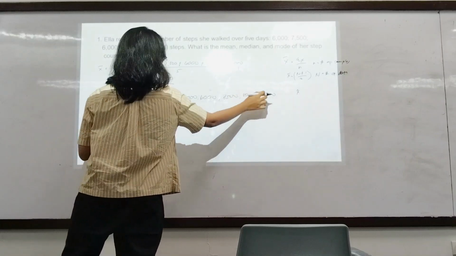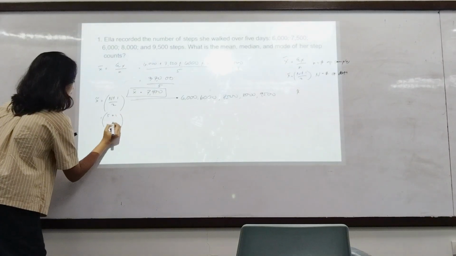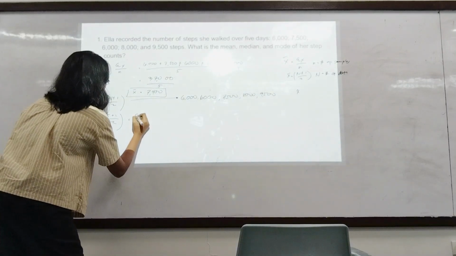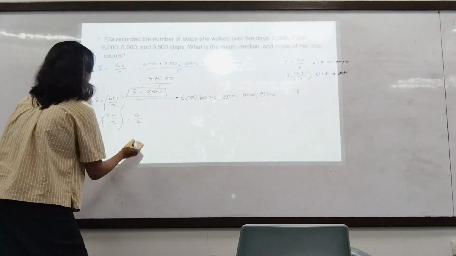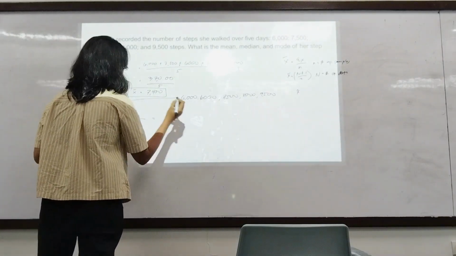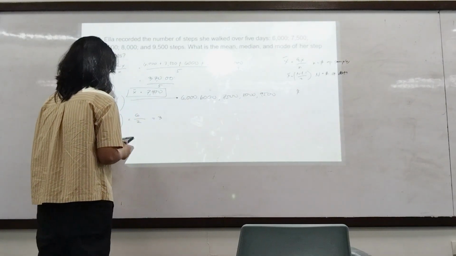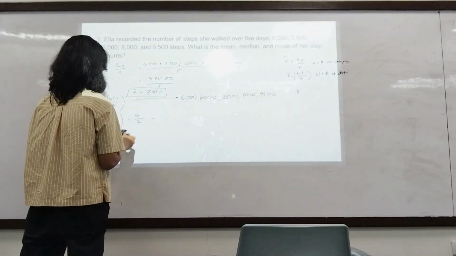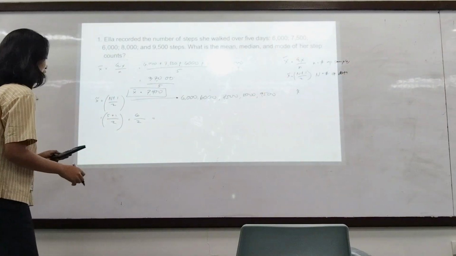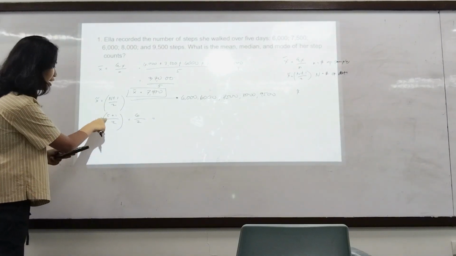So there are 1, 2, 3, 4, 5. First you put how many data there are, which is 5.